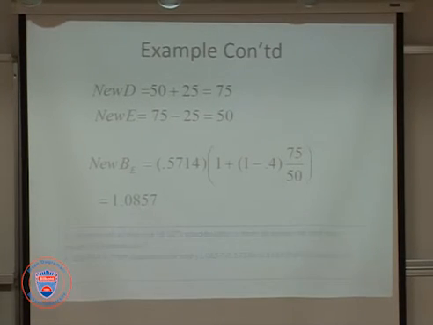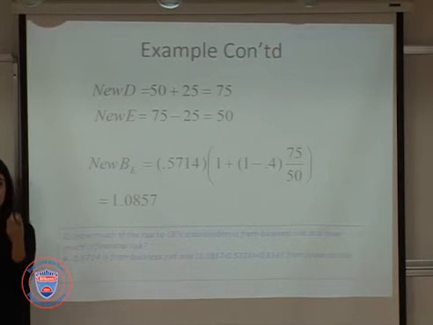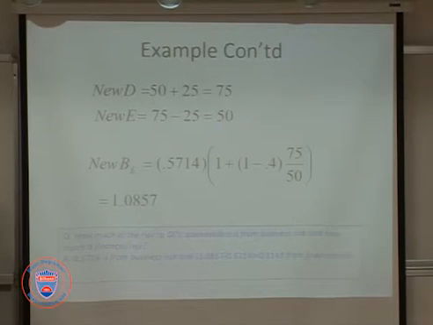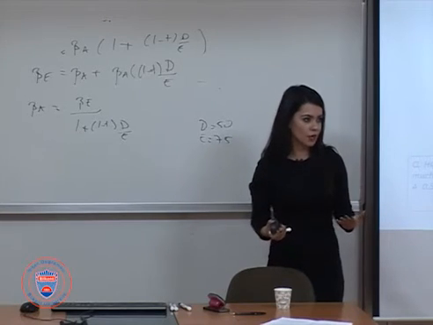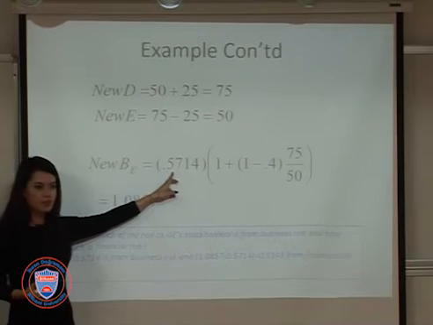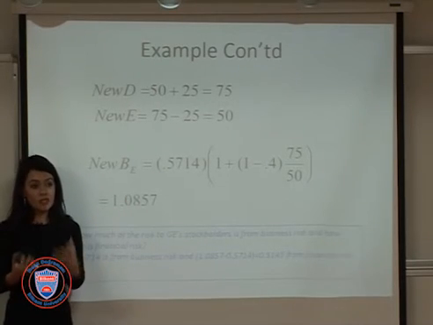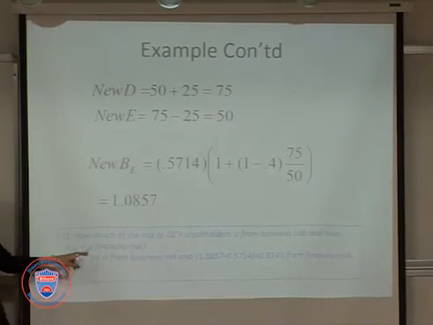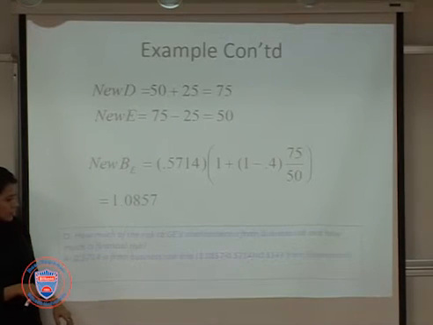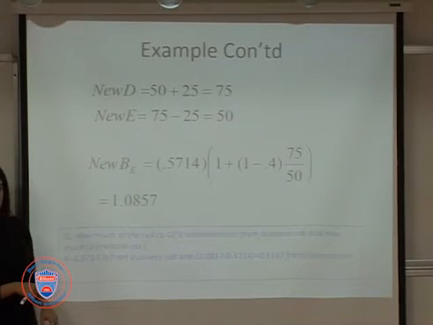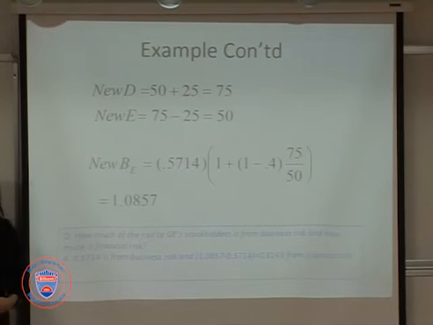Yes. If you want to see how much of this beta comes from business risk and how much comes from financial risk, we also know this. The asset beta gives you the business risk, because business risk is irrelevant of the capital structure. The asset beta is irrelevant of capital structure. So the asset beta will give you the business risk, and the remaining, 1.08 minus the asset beta, will give you the financial risk, which is 0.51.